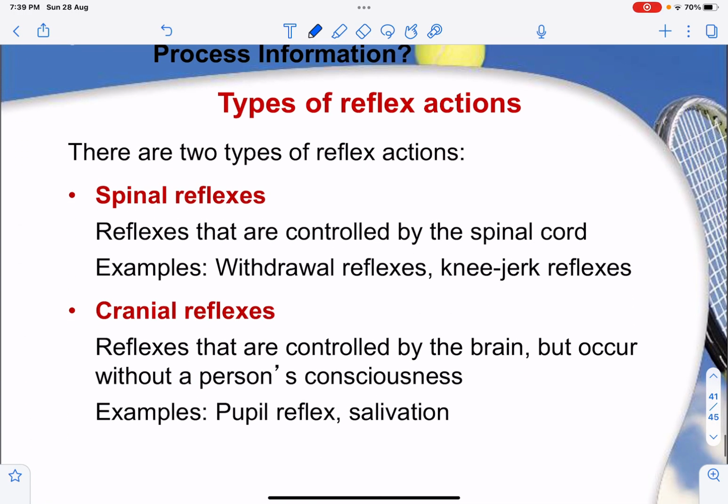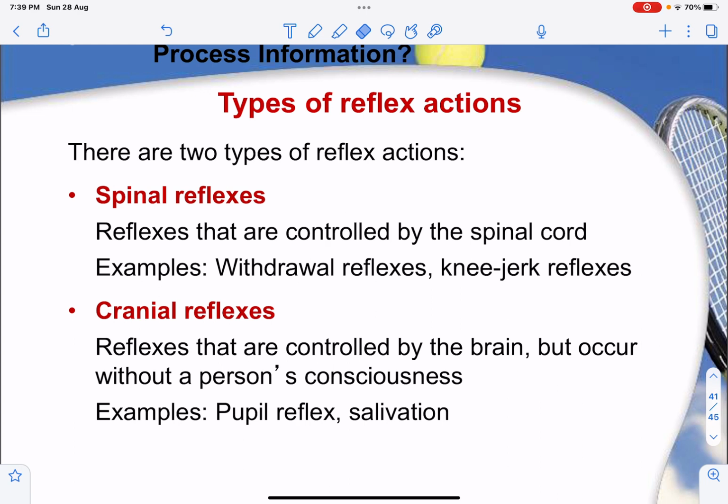The types of reflex action really depend on the location where you detect the stimulus. If it's at the lower part of your body onwards, it will be your spinal cord reflex, where these reflexes are controlled by the spinal cord. For example, the withdrawal reflexes or the knee jerk reflex, where you hit a hammer to your knee, then your leg will jerk.